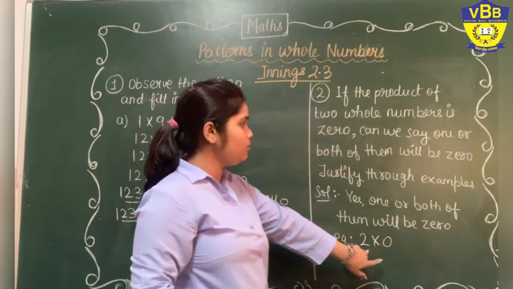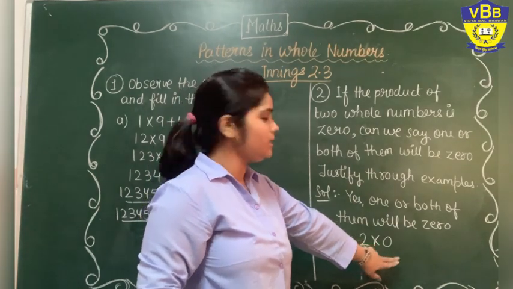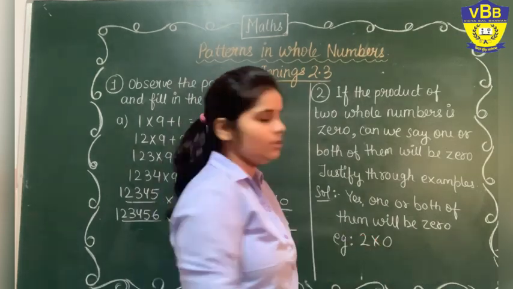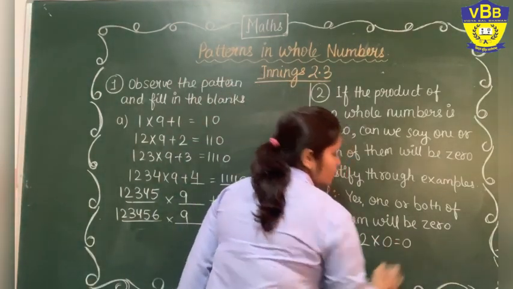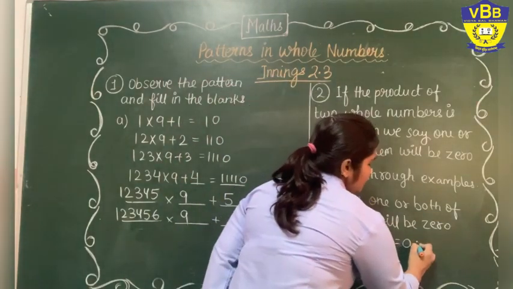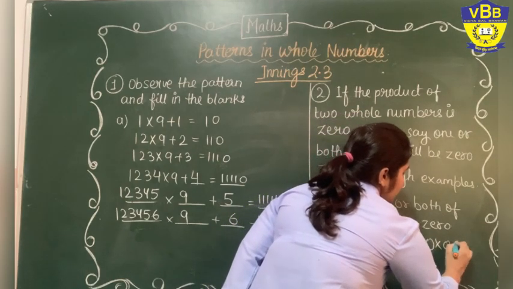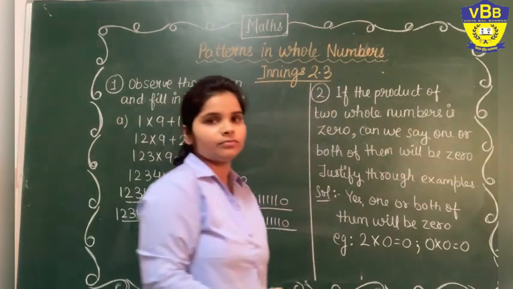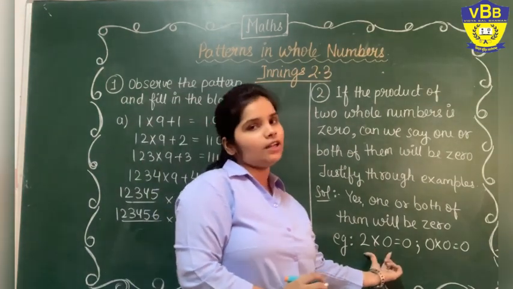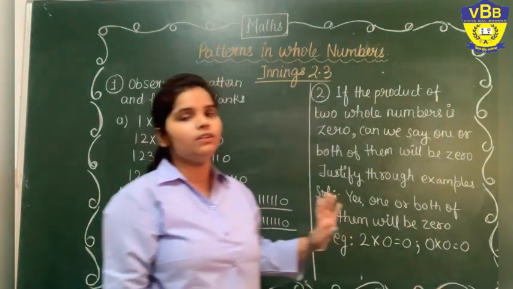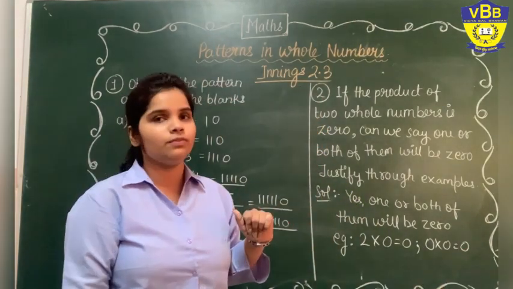We are multiplying two whole numbers, out of the two whole numbers, 1 is 0. Answer is 0. Or second, we can say 0 multiplied by 0 is 0. Either one of them should be 0 or both of them should be 0, then only the product of two whole numbers will be 0.